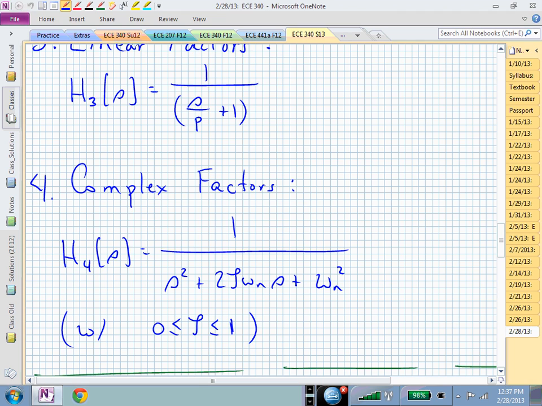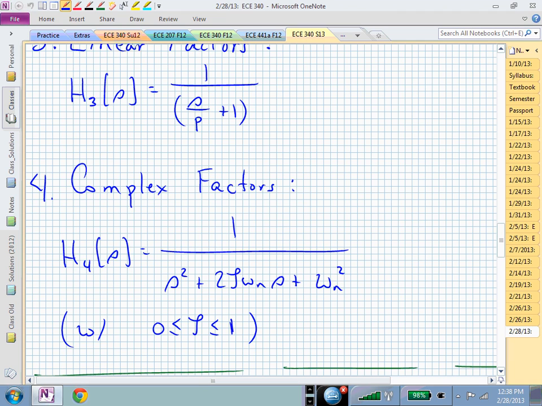If you can factor it into real roots, then you simply have 2 real factors. If you can't factor it into 2 real roots, then you have a factored form like this, where the zeta is living between 0 and 1. That's what we'll talk about at the end of this discussion.